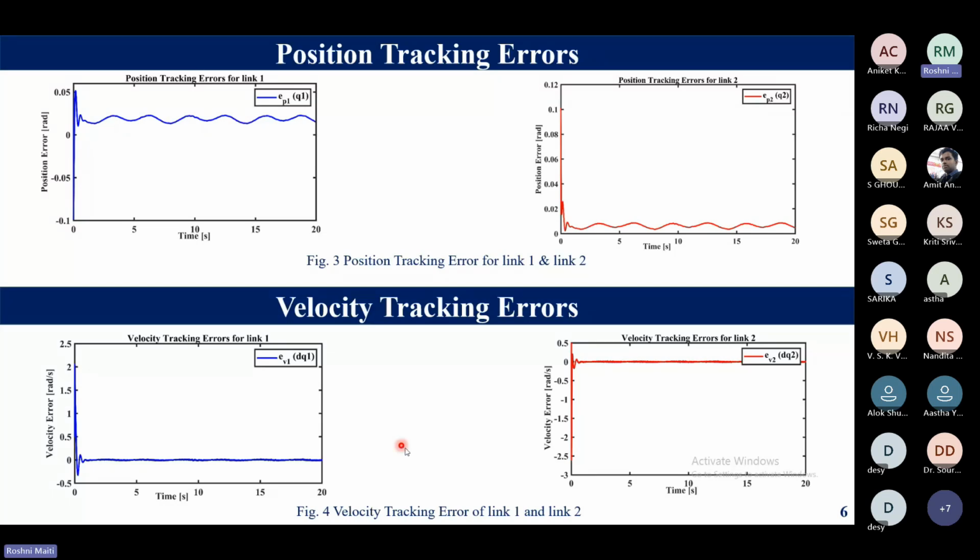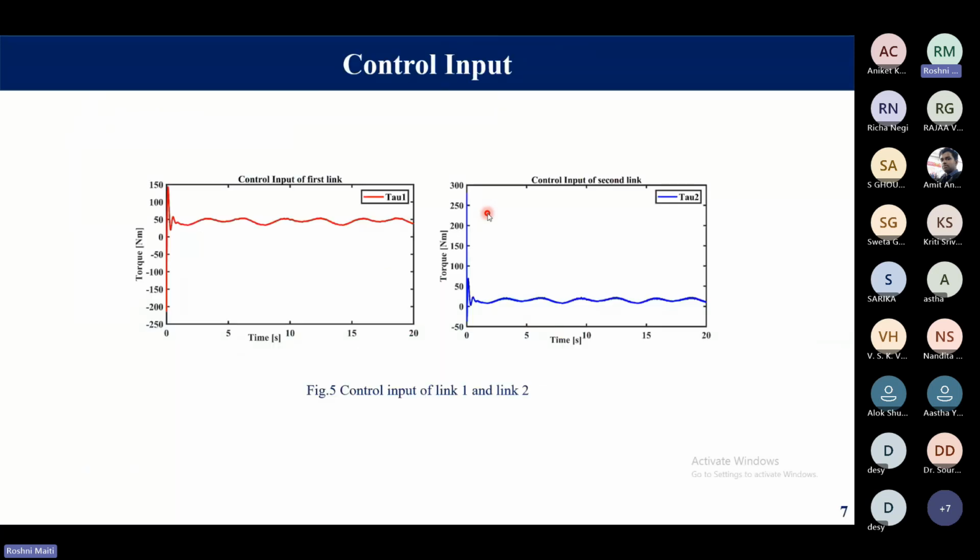But still there is a lot of noise present in the system, and for that we have to develop those observers and different types of controllers. These are the control inputs for the first link and second link.